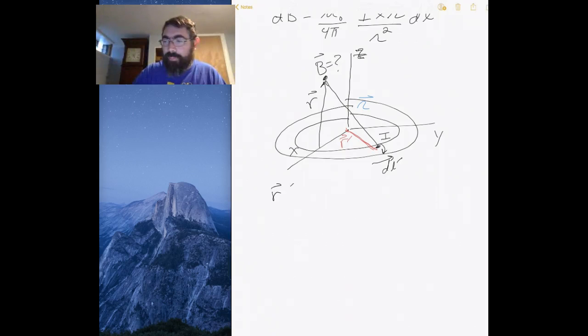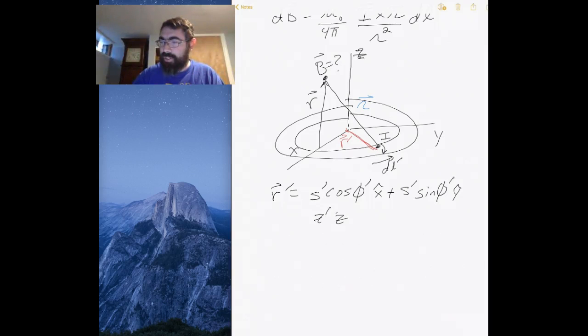So r prime is going to be equal to s prime cosine phi prime in the x direction plus s prime sine phi prime in the y direction, and then just z prime in the z direction. Okay, so what is s prime?